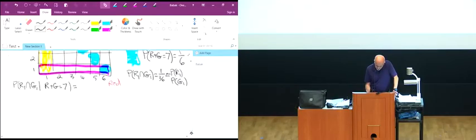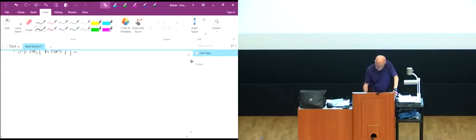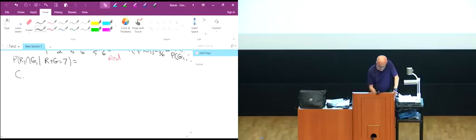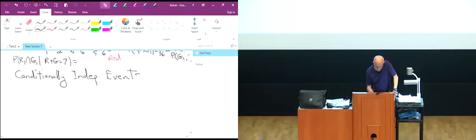By the way, just to give you some formulation, let me give you a quick definition of conditionally independent events. We say A and B are conditionally independent if whatever we said before for unconditional probabilities now holds in our conditional universe.